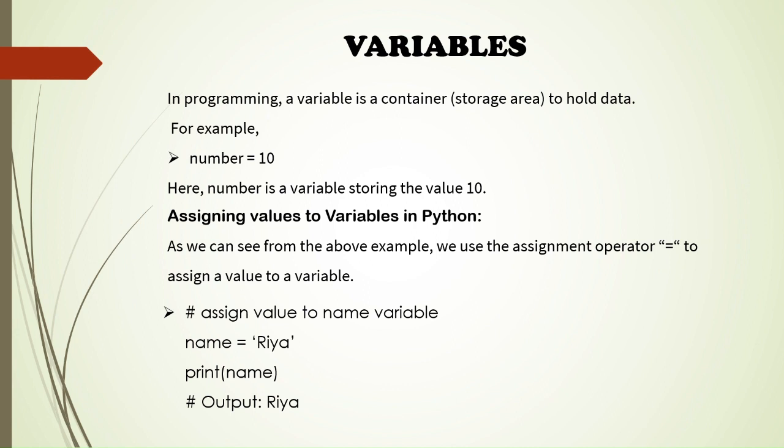Assigning values to variables in Python. As we can see from the above example, we use the assignment operator equals to assign a value to a variable. The example is as follows, and you get the output accordingly.